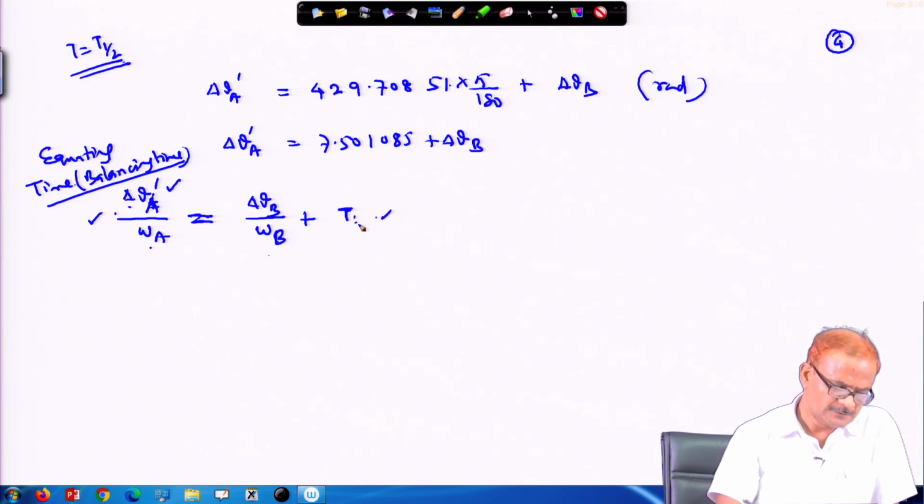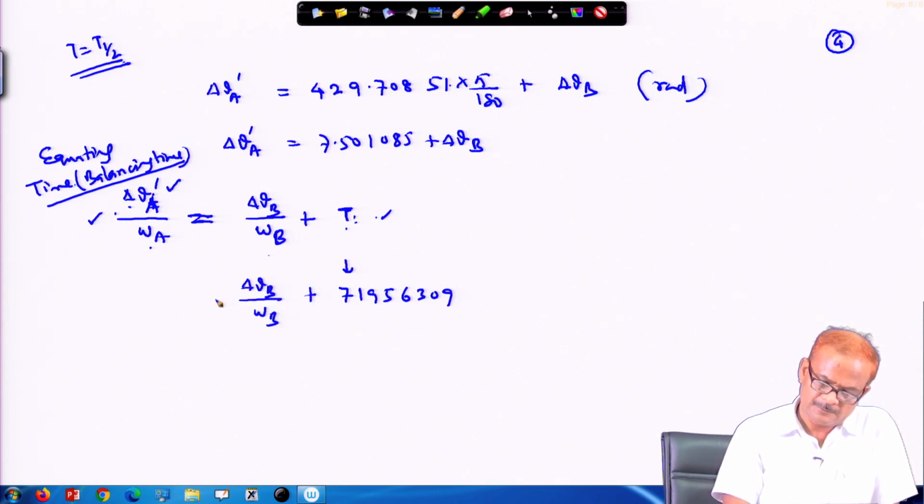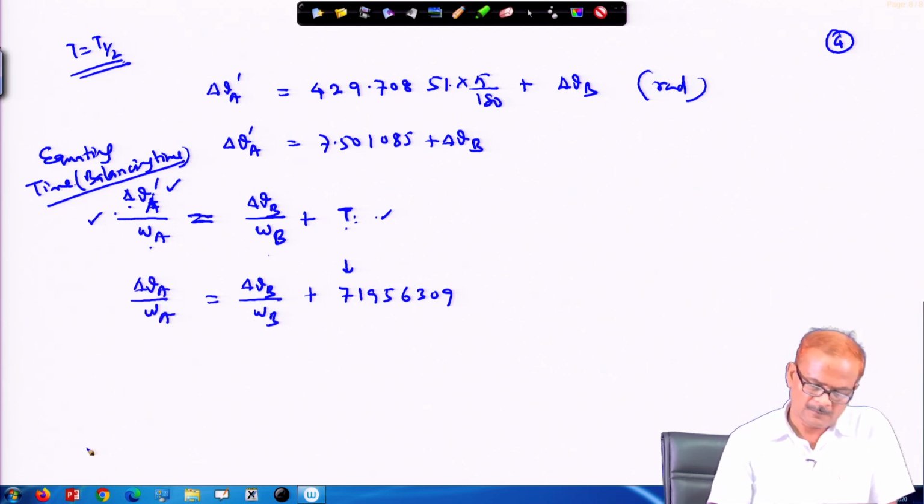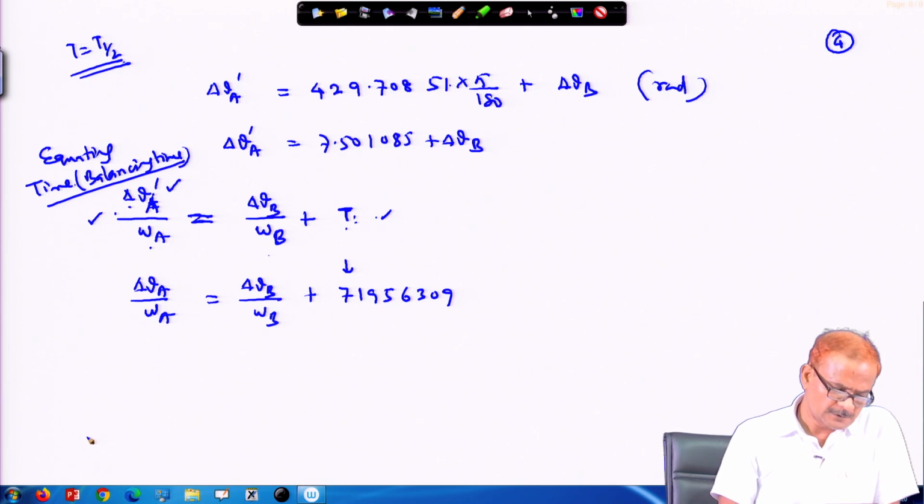T is already known to us from the previous calculation. So, this quantity is 71956,309, this does not change. And then we solve this.